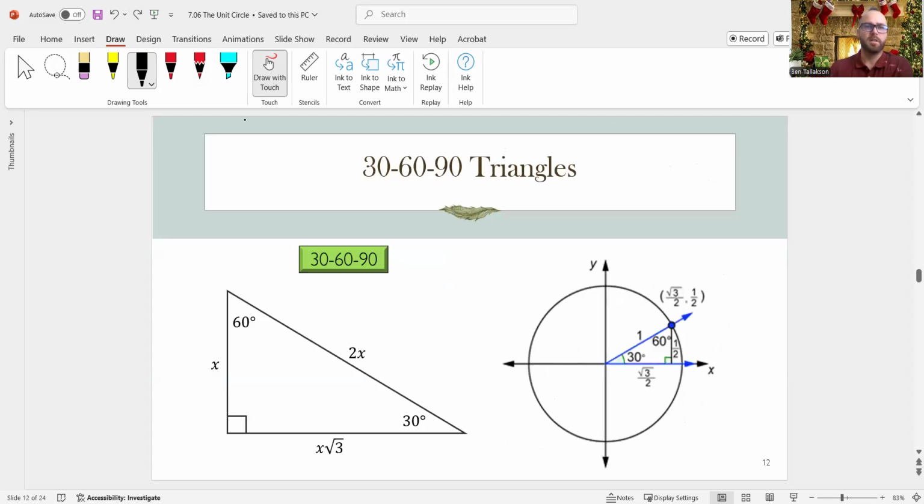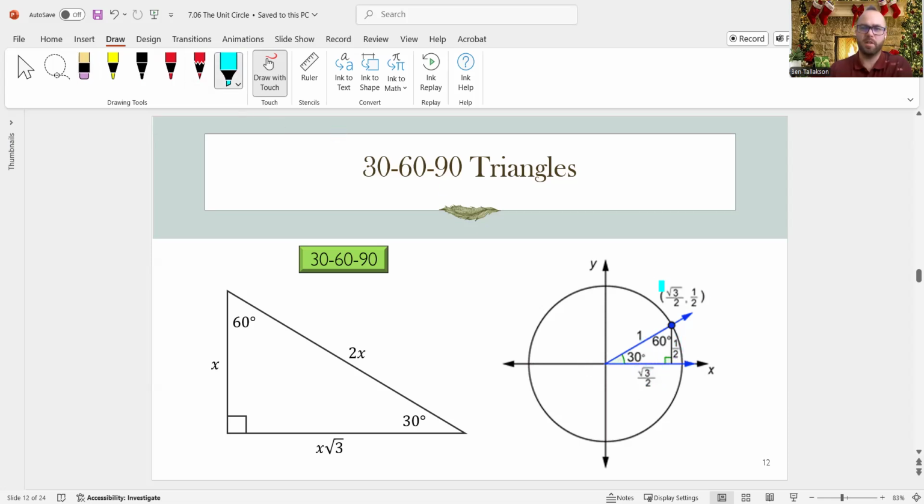Now, let's take a look at the 30, 60, 90 triangle on the unit circle. Again, we have the three sides correlating, all in relation to the radius of 1. So this side is going to be half of that, right? And then this side is going to be that times square root of 3. We see that there. Okay. So we have all the measurements we need.